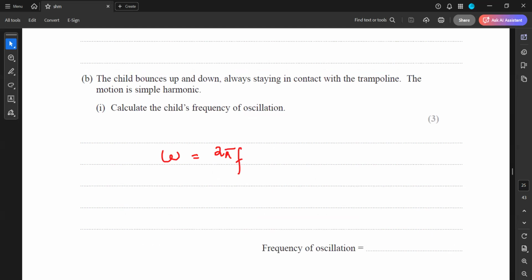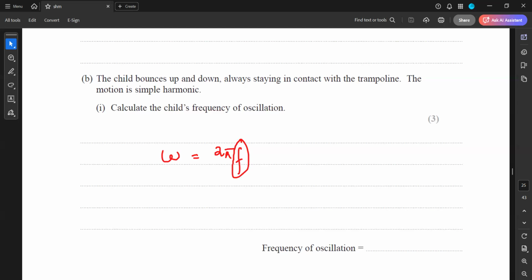But to work out the frequency, we need omega, and we don't have anything related to frequency. That's why we cannot use this formula directly. Then what else can we use?